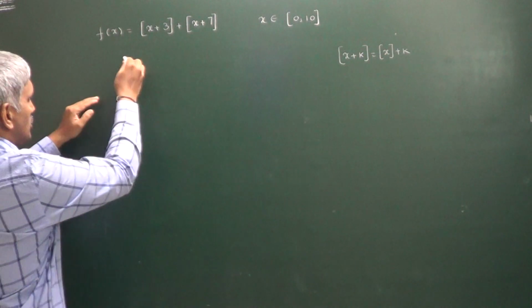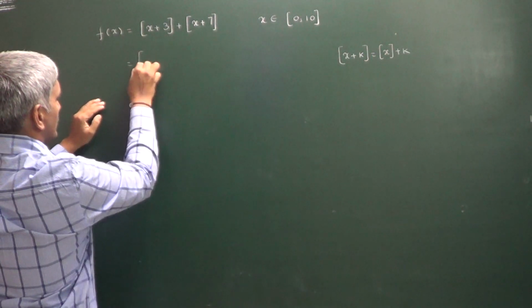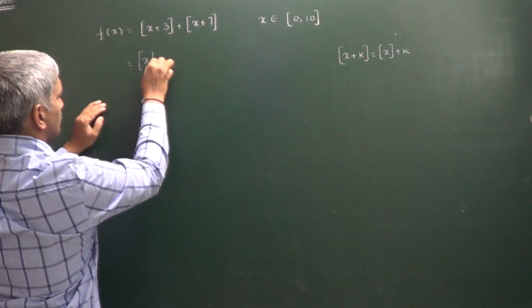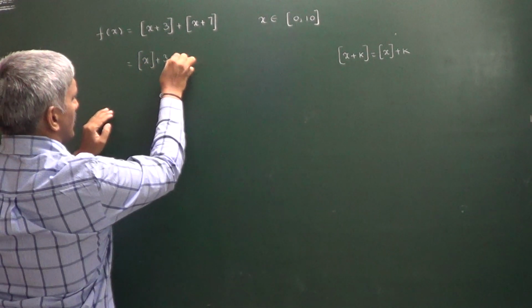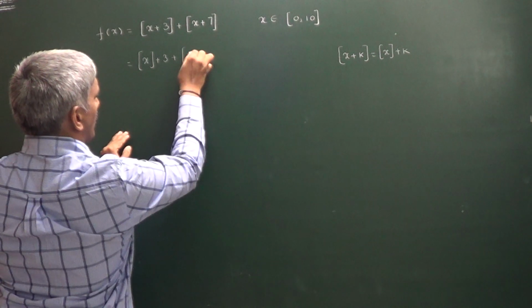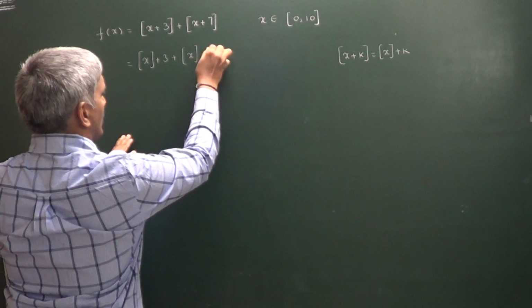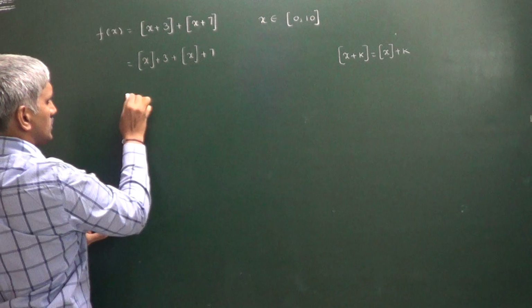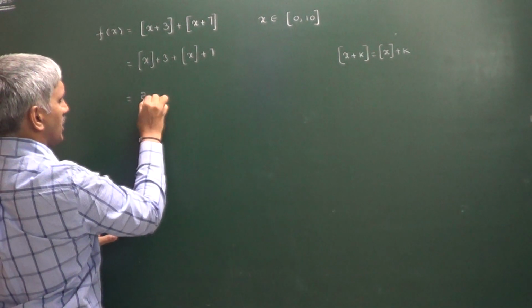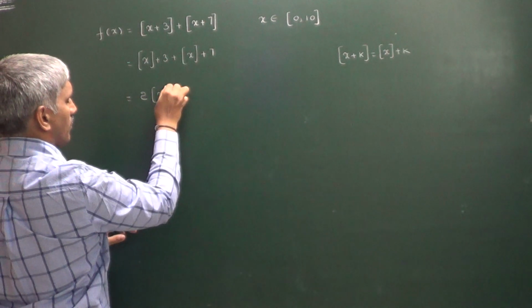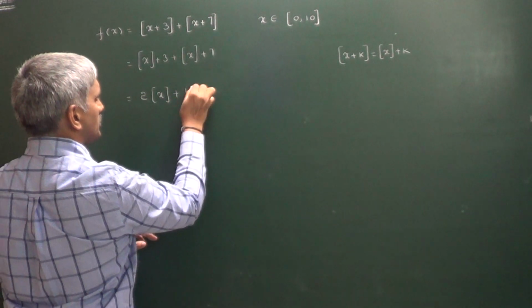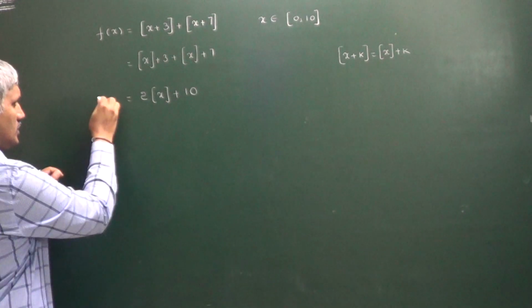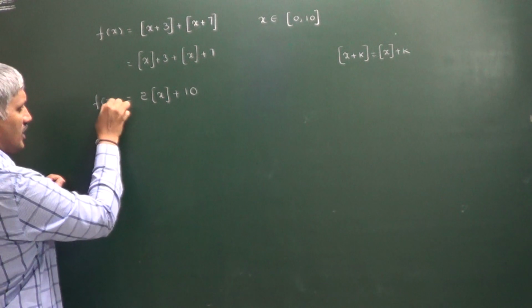So the question changes: this can be written as integral part of x plus 3, and next, integral part of x plus 7 we can write. Now it changes to 2 times integral part of x plus 10.